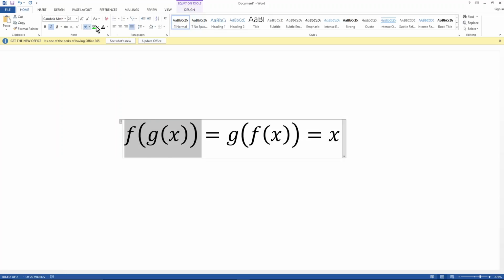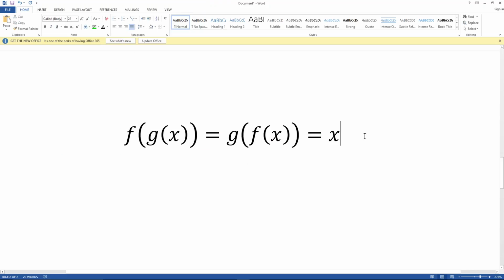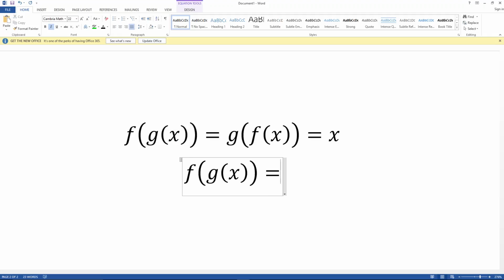Let's do this one first. Let me do it separately. Like order of operations, we start with the parentheses. So inside the parentheses, g of x.